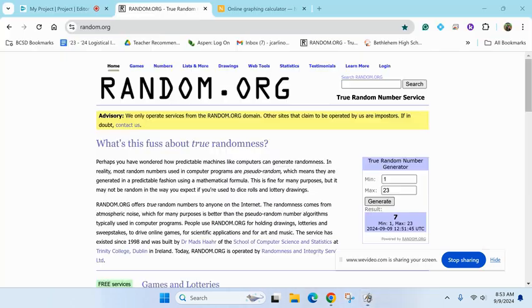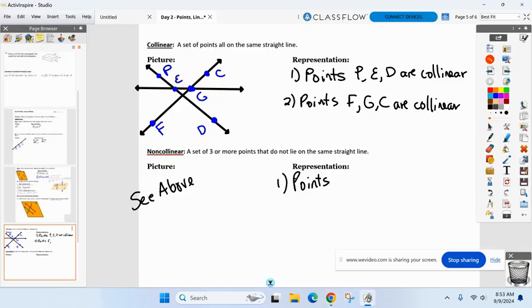All right, what do you got for me? 3 points. Let's roll. Keating, back to you. E, G, and D. E and G are on a line, and so are E and D, but not all 3. Is everyone good? All 3 must be on the same line. Nope, they're not, so E, G, and D are non-collinear. Perfect, thank you.